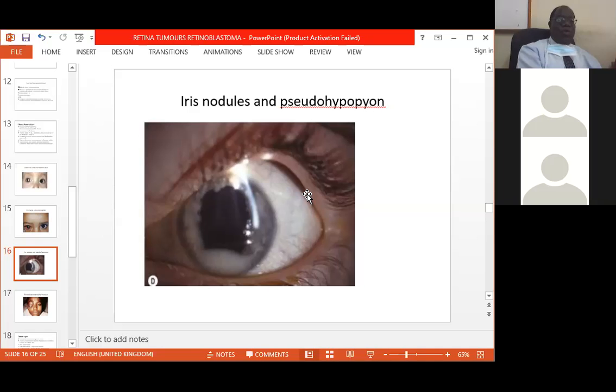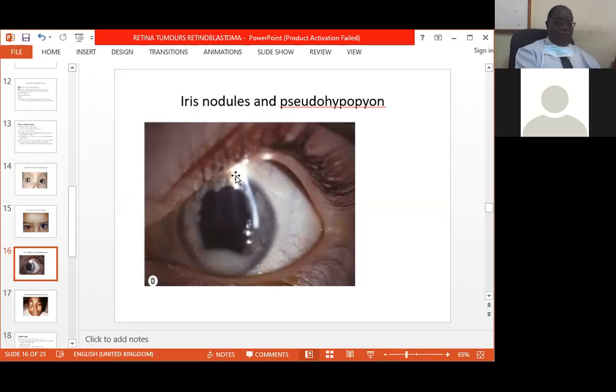Why is it pseudo? If this is true pus, there should be some evidence of inflammation on the limbus here. This would be completely red. If this is completely red and you have a fluid level, you are most likely dealing with pus in the anterior chamber.